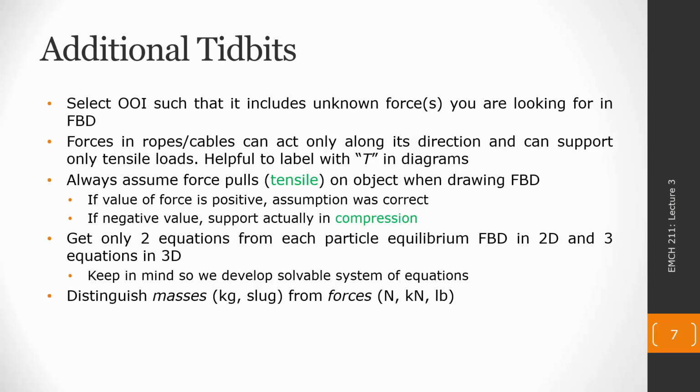The force due to gravity is just the weight of the object. So kilograms should not appear in a free body diagram. That is not a unit of force. Typically what you're going to need to do is multiply the mass of the object times the local acceleration of gravity in order to get the weight of the object. And that weight is a force and will be included in our free body diagram.